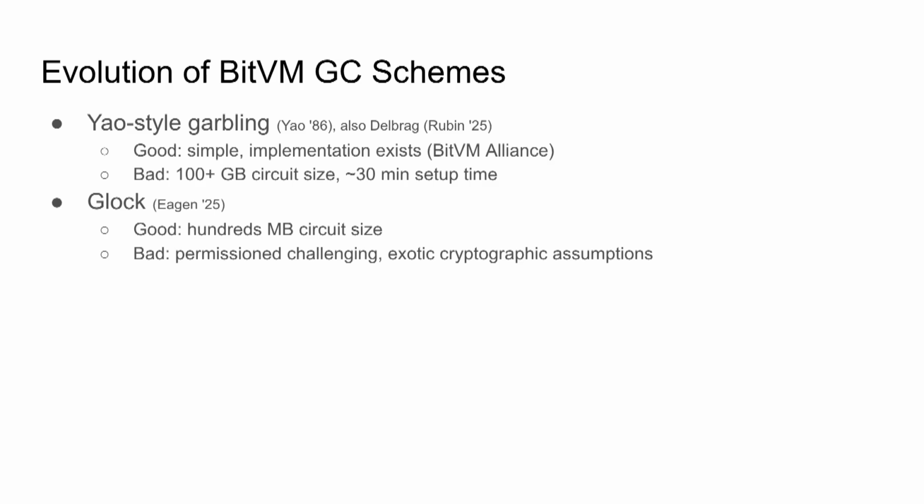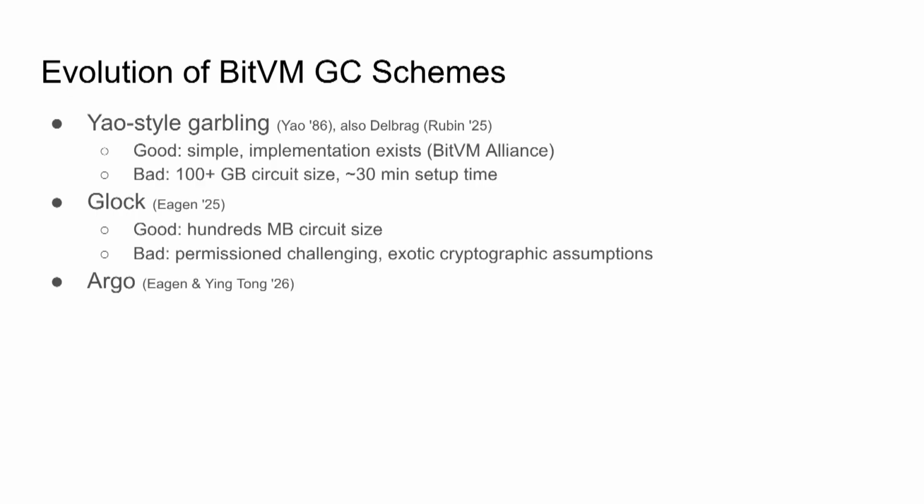There is only a permissioned set of people who can actually validate or run the circuit, and you need to define them during setup. That creates a one-of-n assumption for validation, which we would not like to have. And it had a few exotic cryptographic assumptions. Not too fancy, but not super desirable.